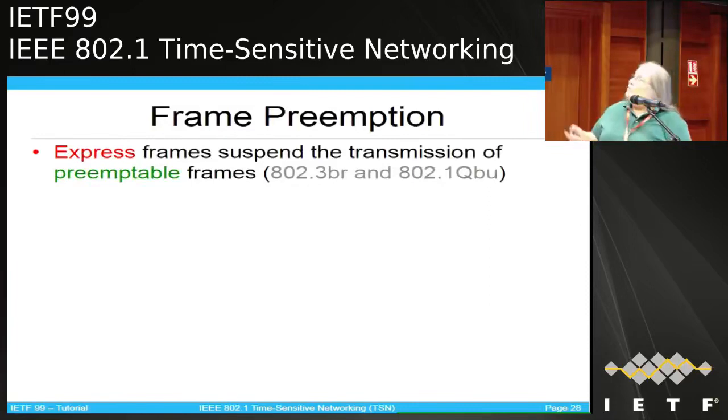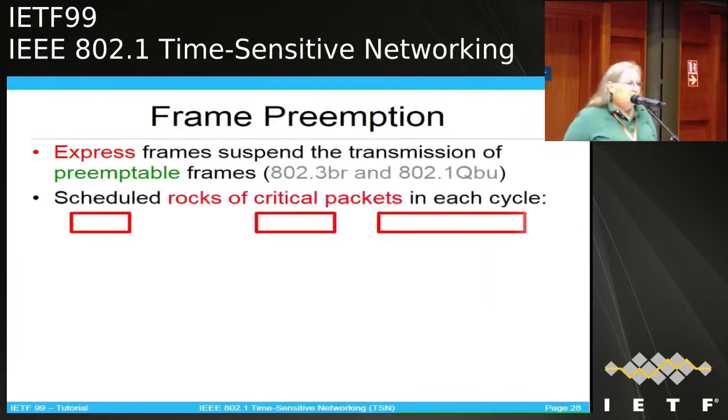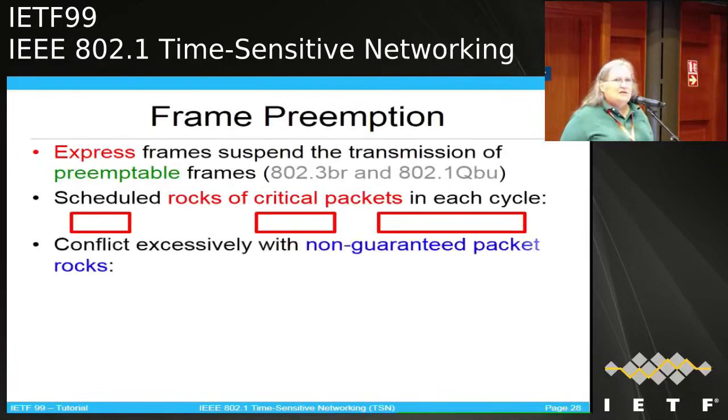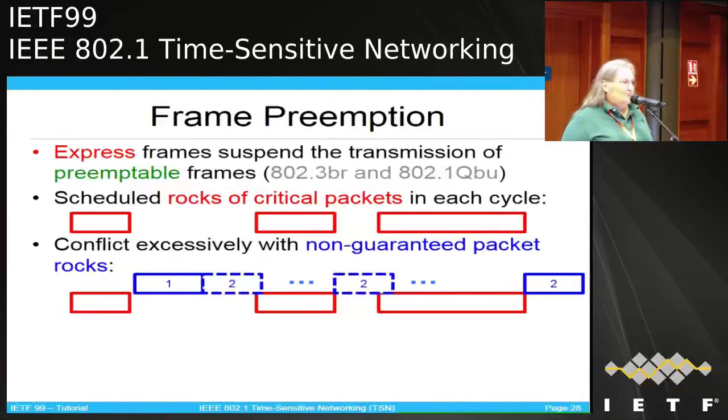So when we have the scheduled traffic, that scheduled traffic is like rocks during the transmission time. Those rocks can't move; they always happen in that spot. Now, we would like to handle the non-scheduled traffic, the traditional network traffic, as efficiently as possible, and use the bandwidth between the rocks to send as much of that traffic as we can.